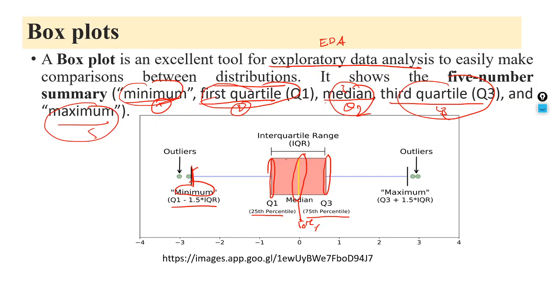IQR means the difference between Q3 and Q1, that is, the 75th percentile minus the 25th percentile, the interquartile range. This is the maximum: Q3 plus 1.5 into IQR. 1.5 is the standard value here.